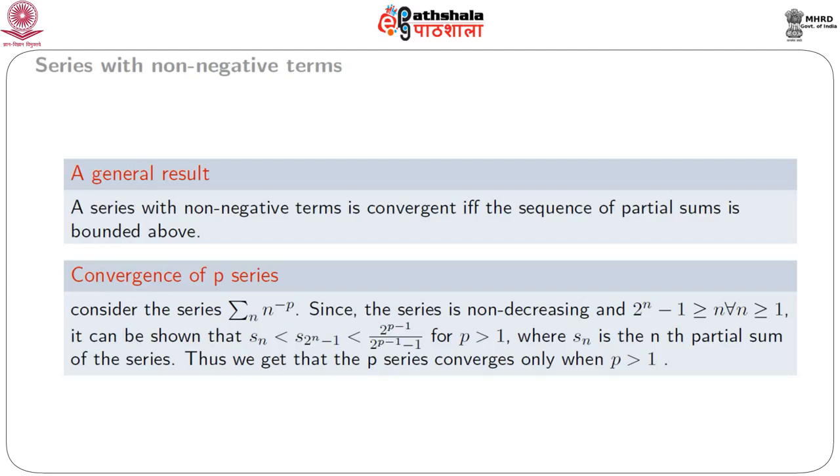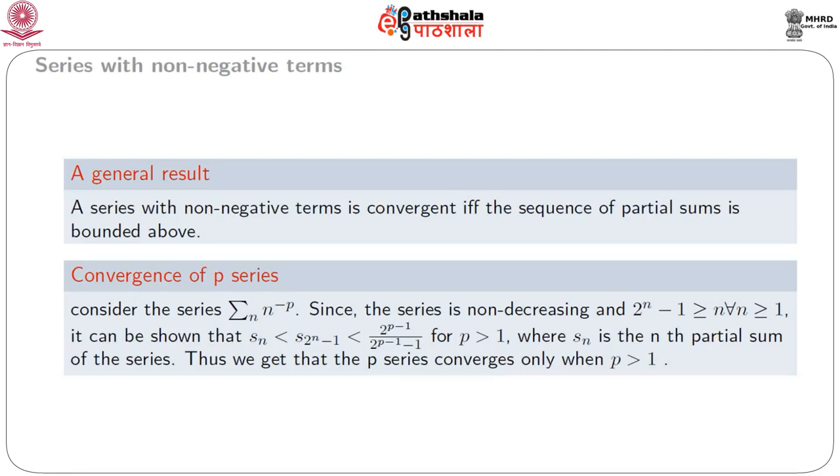unimportant terms. And since the partial sums for the series are non-decreasing, we find that Sn, that is the summation up to n terms, is less than S of 2 to the power n minus 1, that is the summation of the series up to 2 to the power n minus 1 terms, which is less than 2 to the power p minus 1 divided by 2 to the power p minus 1 minus 1 whenever p is greater than 1.